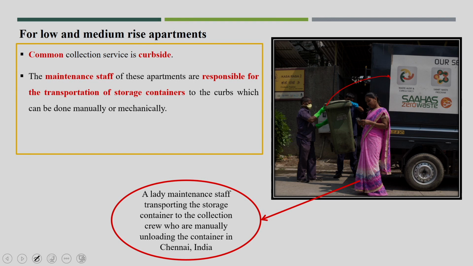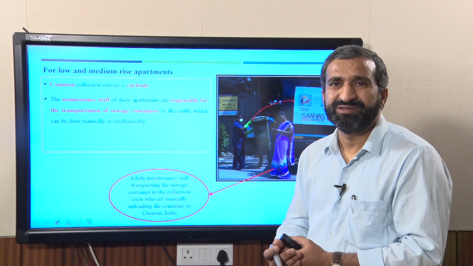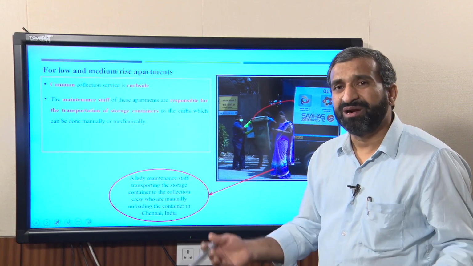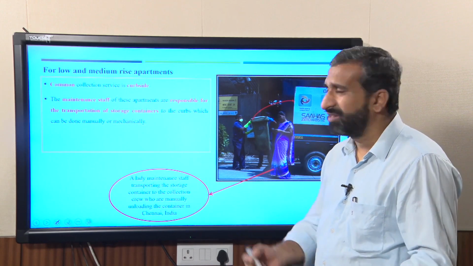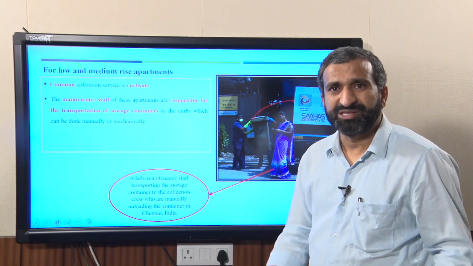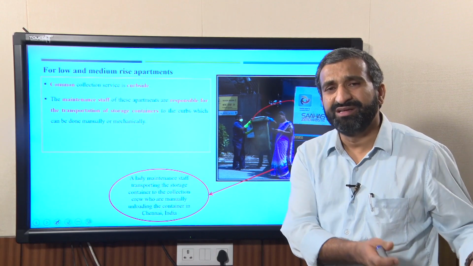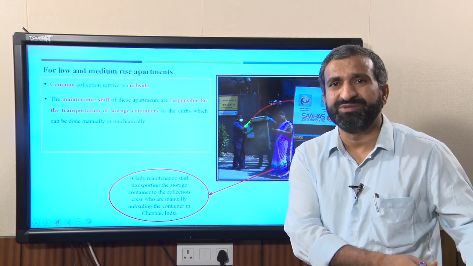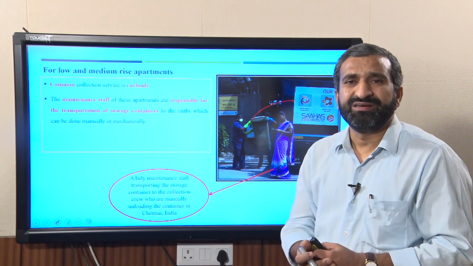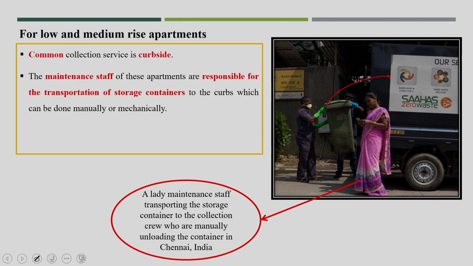So this is for the, I think now India also is coming with a lot of apartments. So these apartments have to have some kind of maintenance staff, maybe the security itself can help with the collection of the waste from the apartment area, or to transport the waste to the collection vehicle.